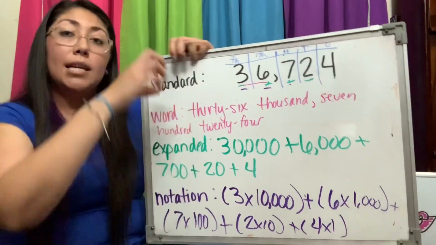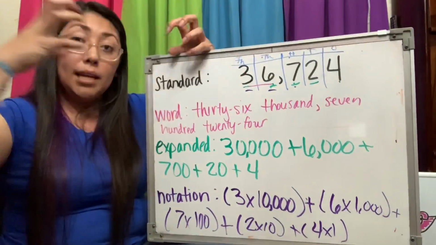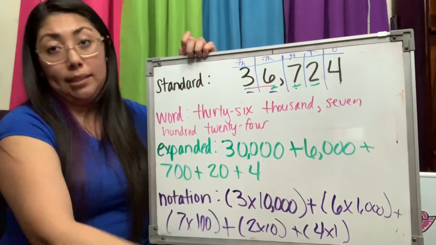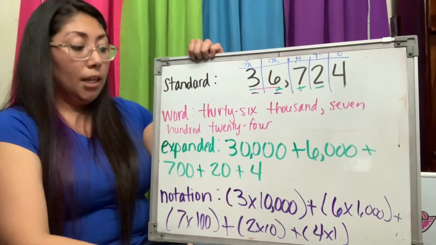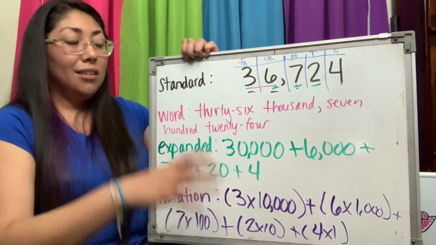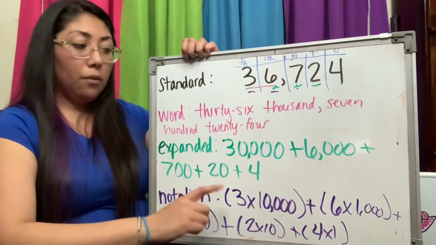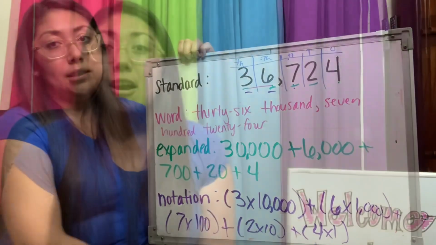Expanded form, you're decomposing, breaking it apart by its individual places and the value of each digit. And expanded notation, again, it's the value of each digit, however we're writing it a little differently in the parentheses. So anytime you are doing any type of work that has to do with place value, drawing a place value chart is key. It will help you with the majority of place value type questions.